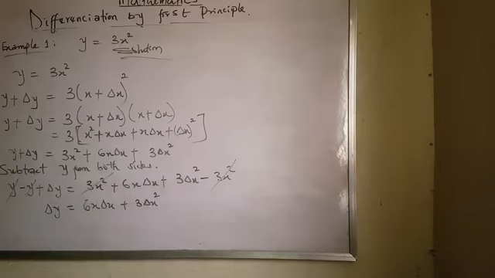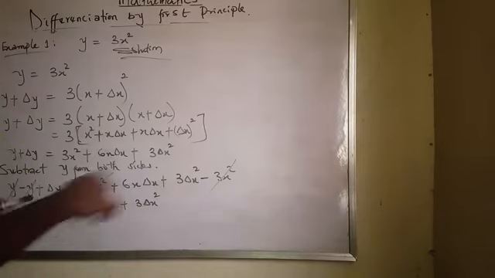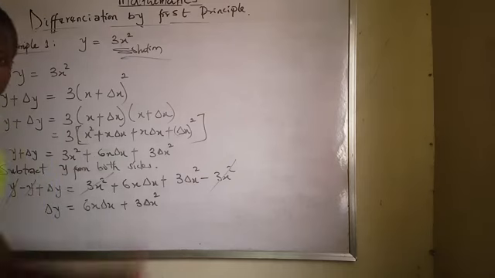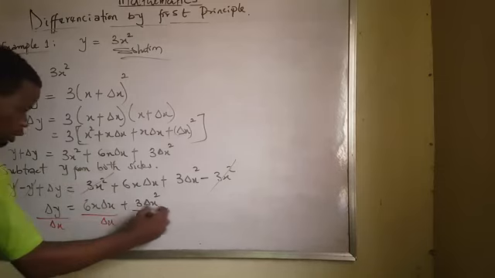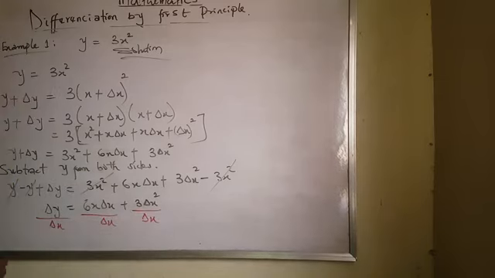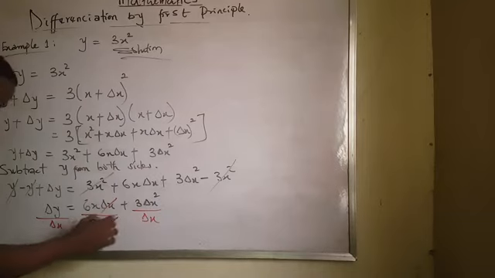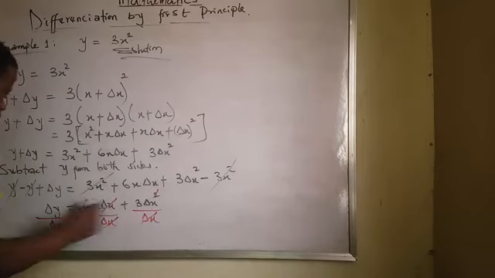Now, what do we do next? We are looking for change in y over change in x, which is dy dx. So what do we do? Divide through by change in x. Do you get that? So this, we cancel this. This, we cancel this. We have 1 left.